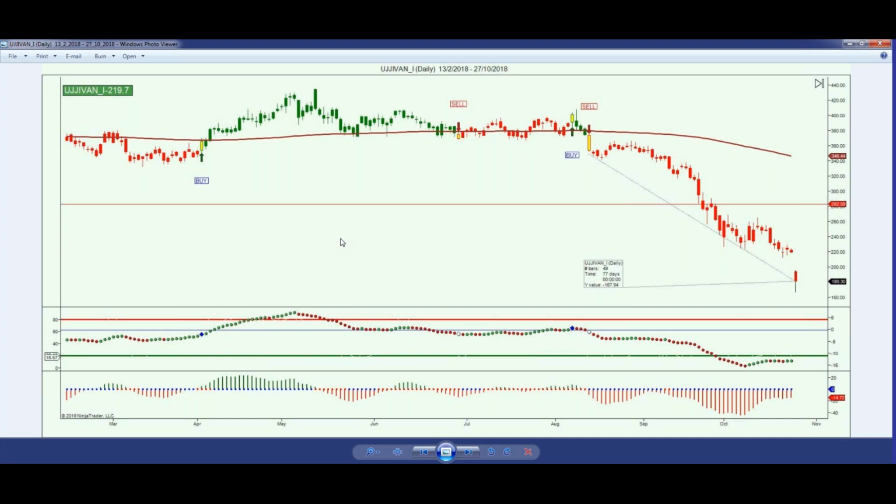It fell in double digits. I don't have the data here. So the entry price for Ujjivan was around 350. So you can see it here. It's roughly around 350 was the entry. Yesterday it closed at around 180.